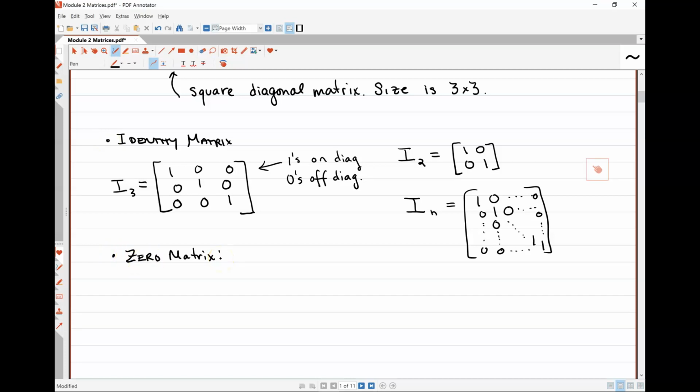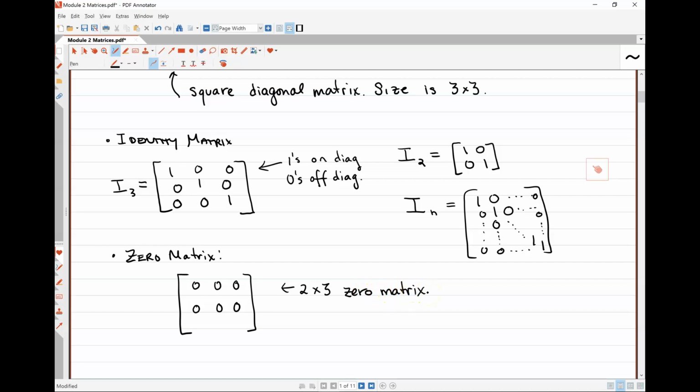It has a good name because it tells you exactly what all the entries are. The 0 matrix is just a matrix with all 0s in it. And 0 matrices don't have to be square. So this is a 2 by 3, size 2 by 3, 0 matrix.